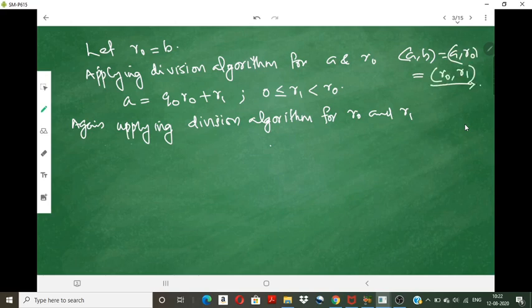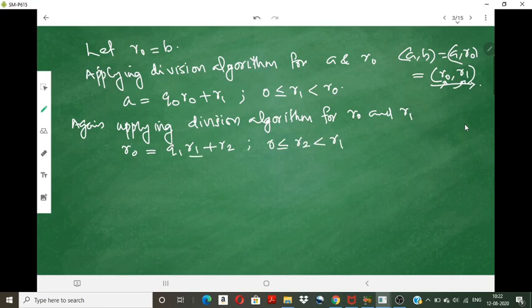So in order to find the GCD of r naught comma r1, we can apply the division algorithm for r naught and r1. We can write r naught as some quotient, let it be q1, times r1 plus r2, where 0 is less than or equal to r2, which is less than its divisor, that is r1.